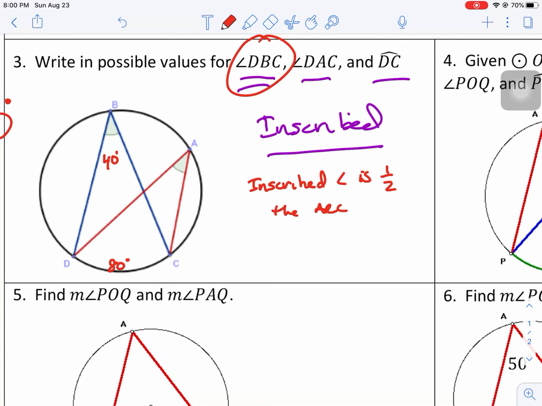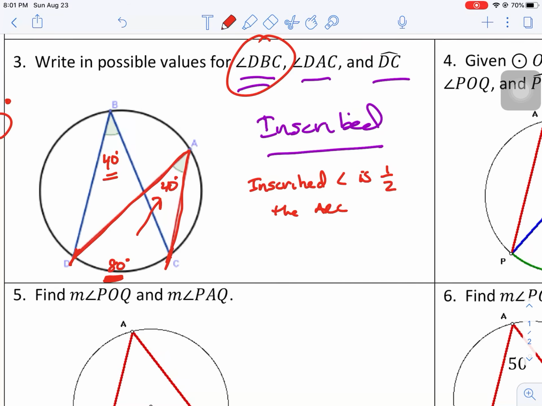Now, look at the next angle. This angle cuts into, or what they call intercepts, the same arc. So if the arc is 80 and the intercepted arc is 40, this being 80 means that this is 40 as well, okay?